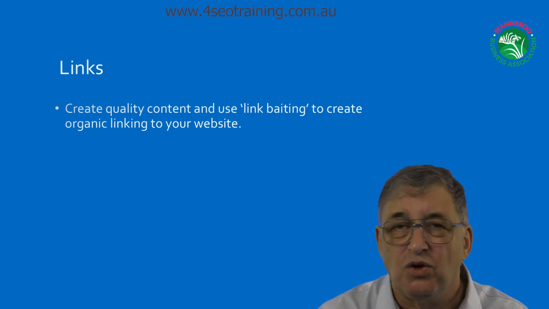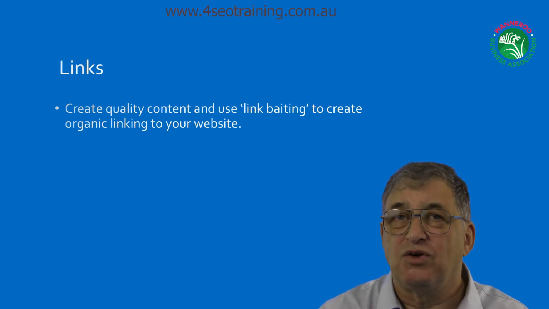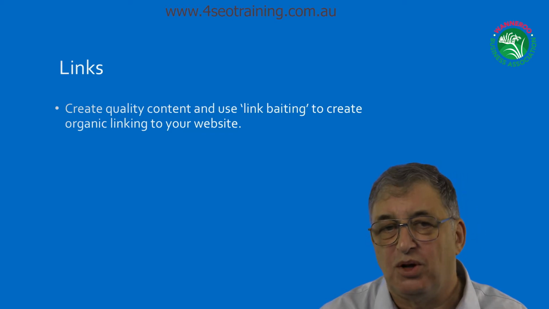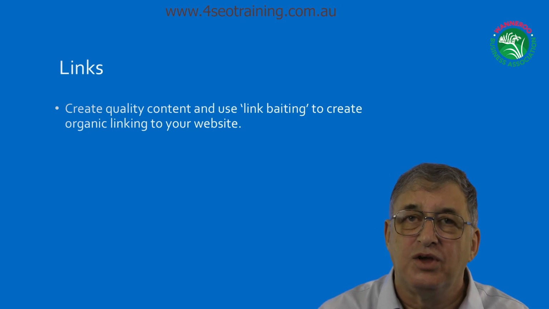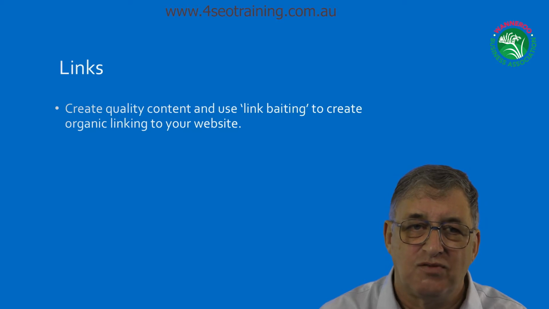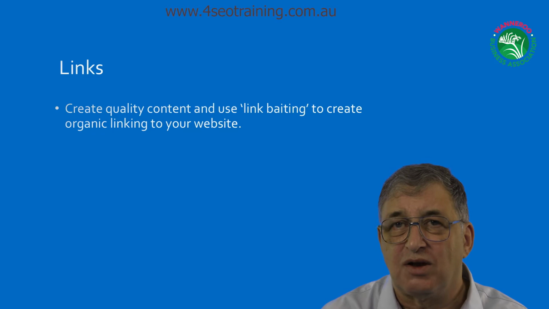The way that Google recommends you do it is that you create quality content. And if you've got quality content, the theory is that people will spontaneously link from their blogs or their website to your website. And that is actually true. If you go and look at my computer training materials website, on there I've got hundreds of full-length training courses that anyone can download.